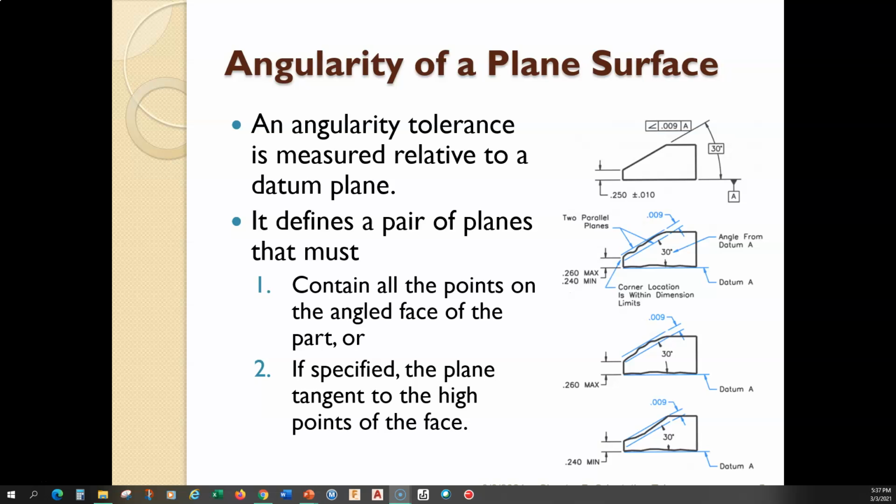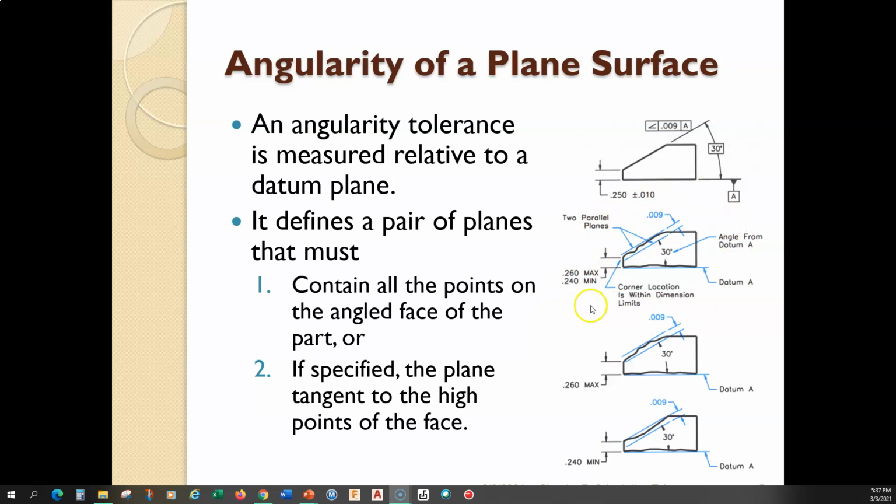All right. Continuing with angularity. An angularity tolerance is measured relative to the datum plane, right? Datum A, datum plane A. It defines a pair of planes that must contain all points on the angled face of the part, or, if specified, the plane tangent to the high points of the face, right? And that would be the tangent plane.